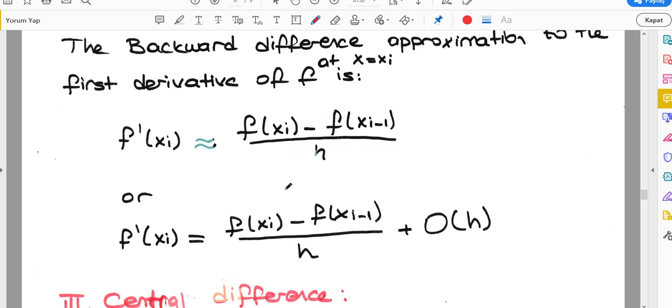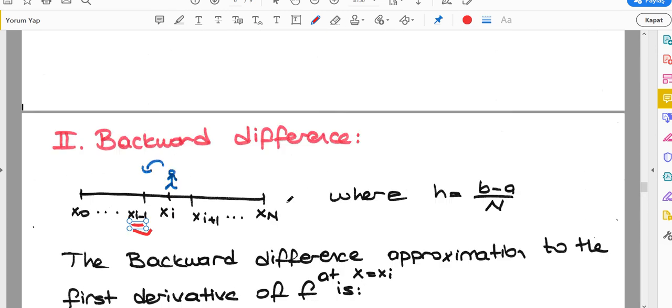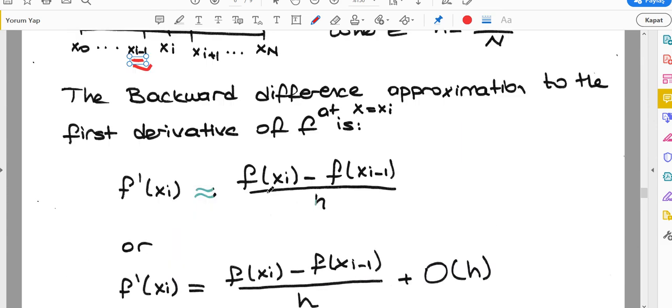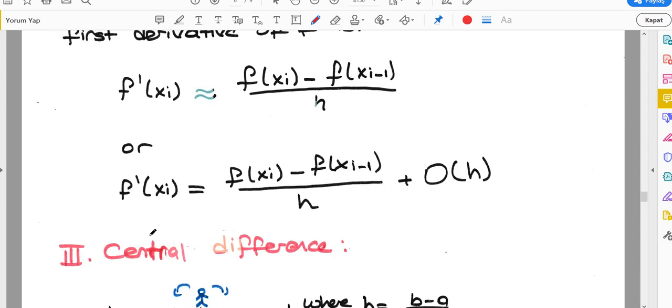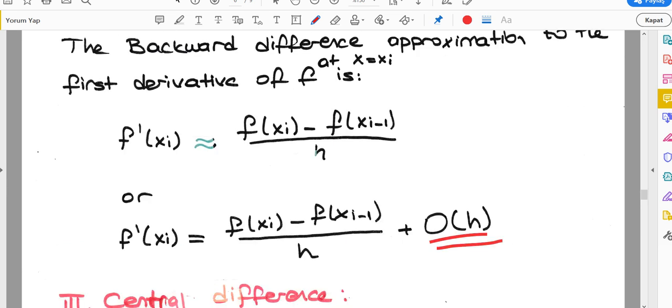Okay, so we are writing here again, you can do the same verification as we did in the forward difference approximation. You can do it and you will observe that here the order of approximation of the backward difference is again first order. So it does not matter whether you used here forward or backward.